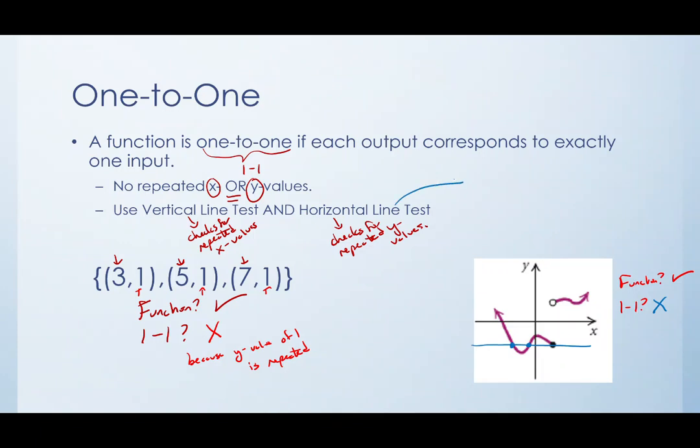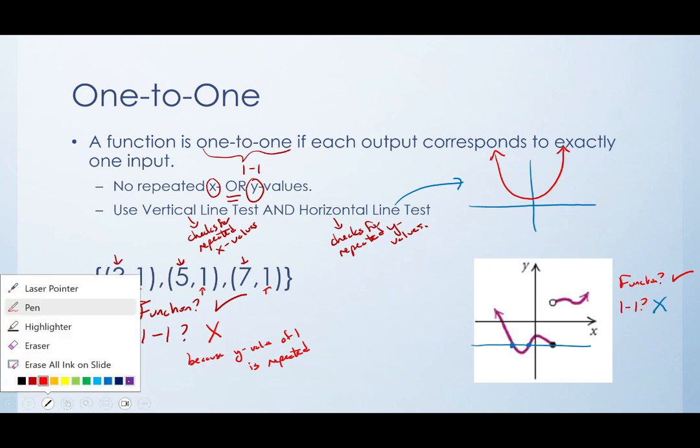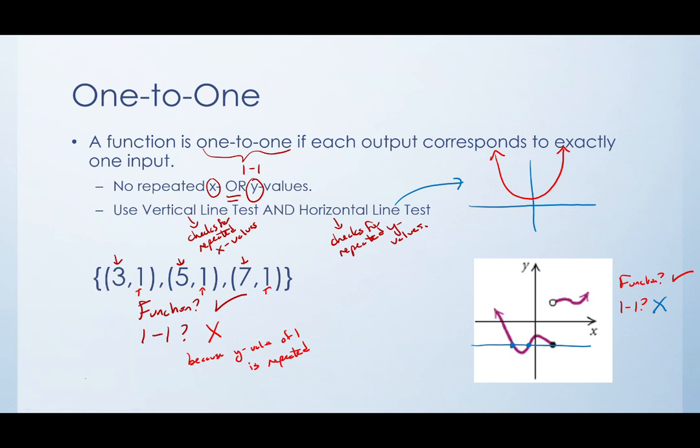So I should have drawn here, like giving you an example. So here, let's make this in red. So we've got ourselves a parabola, and the idea of the horizontal line test. So we already know this one, it's a function. It passes the vertical line test.